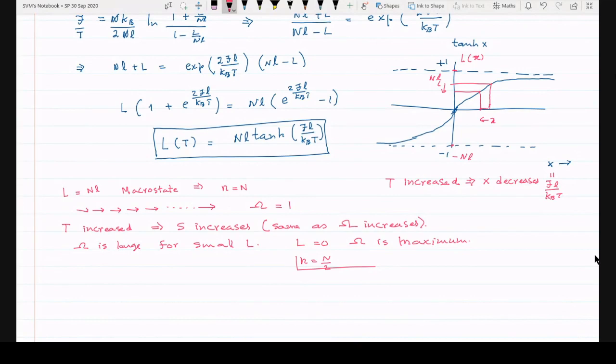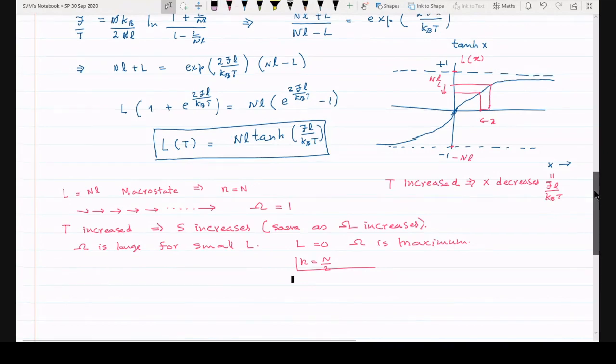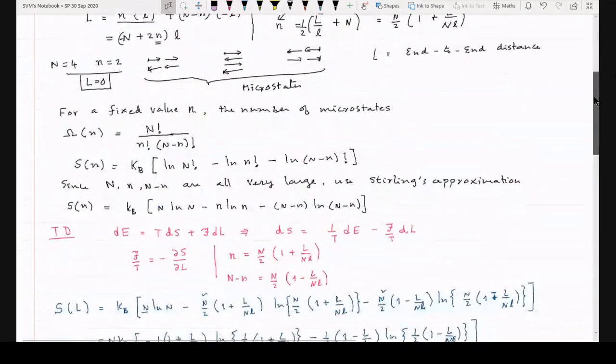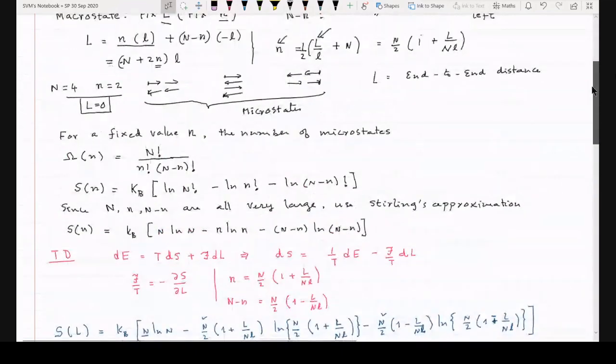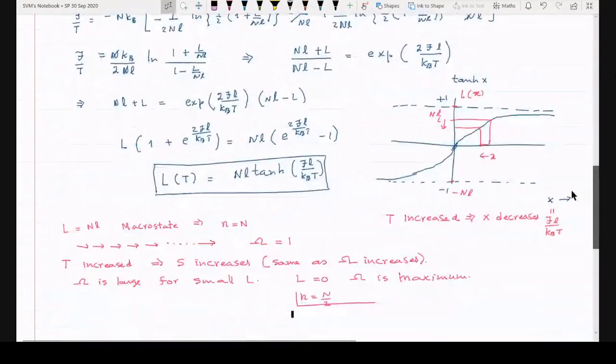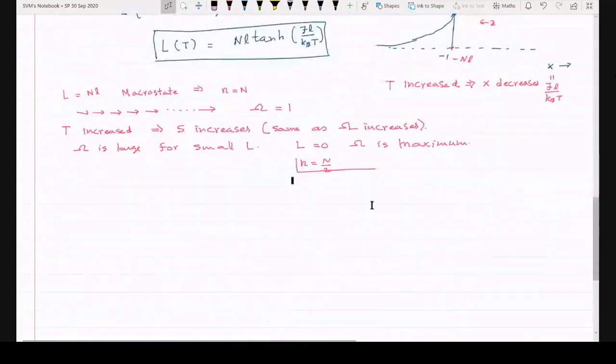So this is our application of elasticity, statistical mechanics of a polymer system like a rubber band. The mathematics is exactly the same as what we did in the spin half case, but here we have to keep in mind that the macro state I am interested in is obtained by fixing the length of the system.